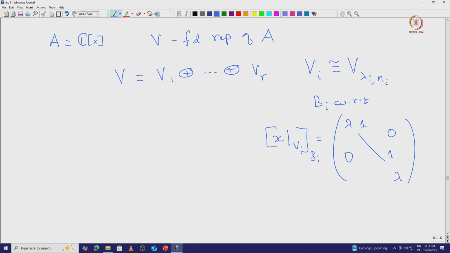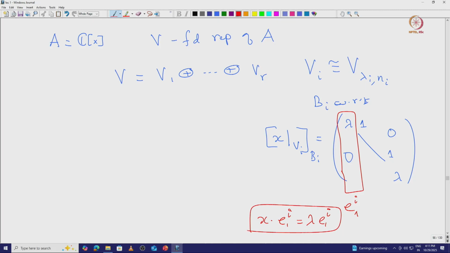Now, this first column is indeed something very interesting. You can see that there is this vector, let us call it E1i. So, x applied on E1i is going to be exactly equal to lambda E1i. That means this column corresponds to an eigenvector corresponding to the eigenvalue lambda.